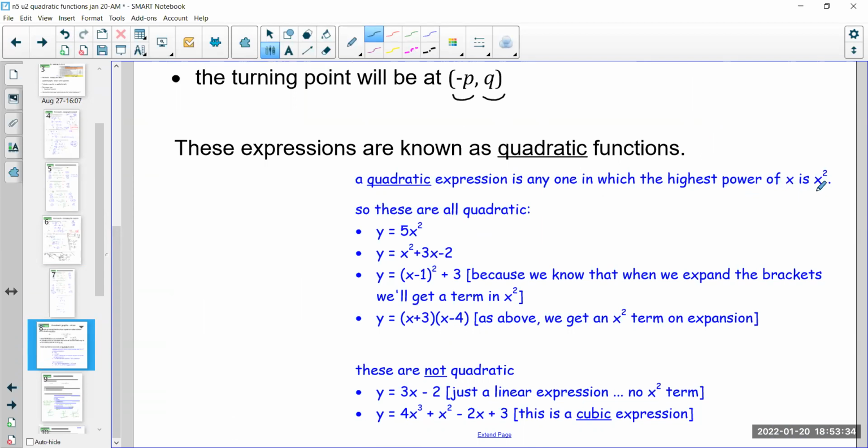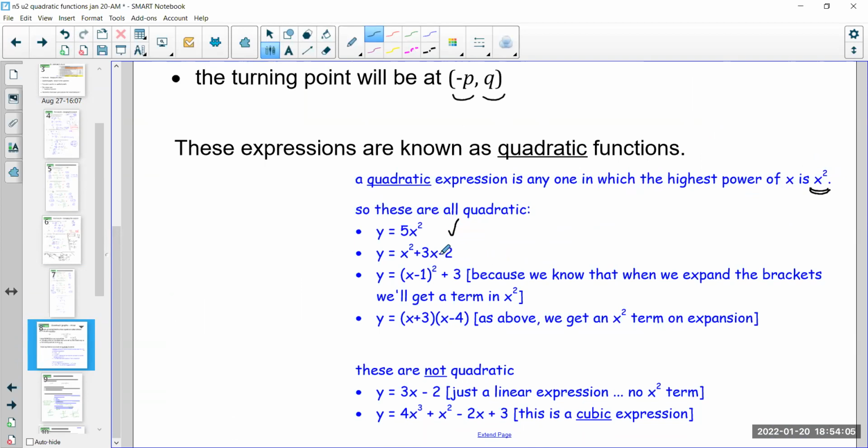Whenever you have the x squared term with a factor in front of it different from 0, then you have a quadratic. So 5x squared is a quadratic, and if you draw it you get a parabola. If you draw x squared plus 3x minus 2, you will get a parabola as well.